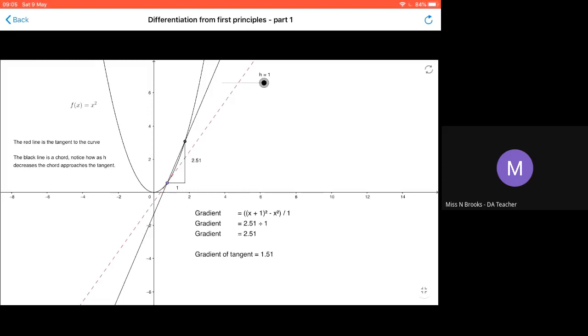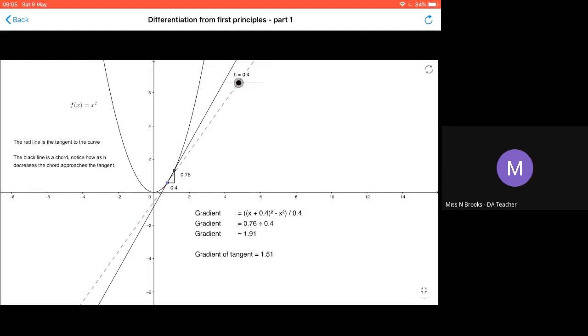So we can improve that approximation by changing the distance between our 2 points. You can see at the moment they're 1 unit apart, and if I decrease the value of h, you can see that the gradient of my chord is now getting closer and closer to the gradient of my tangent.